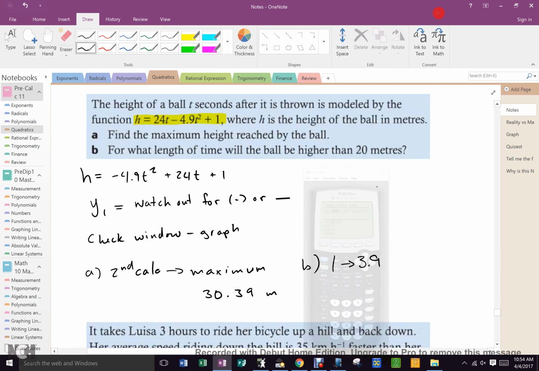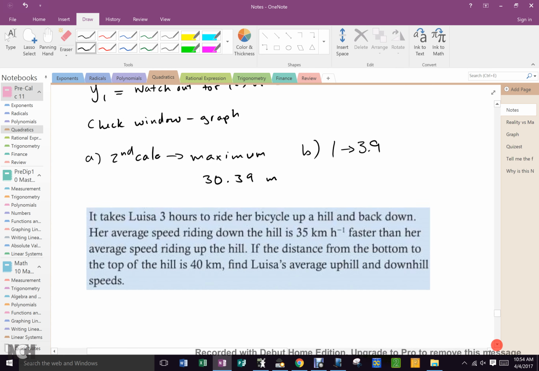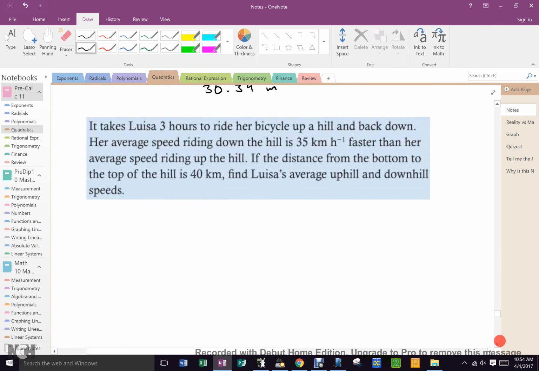Okay. So you guys are going to do, it's 10:54. I want you to try, oh, that's a typo. That -1 exponent there should not be there. That's supposed to be 35 kilometers an hour.